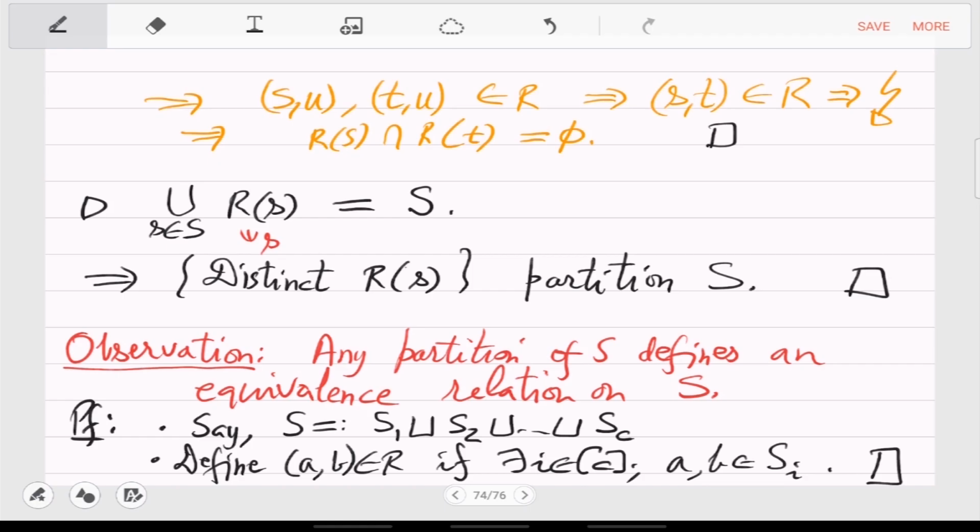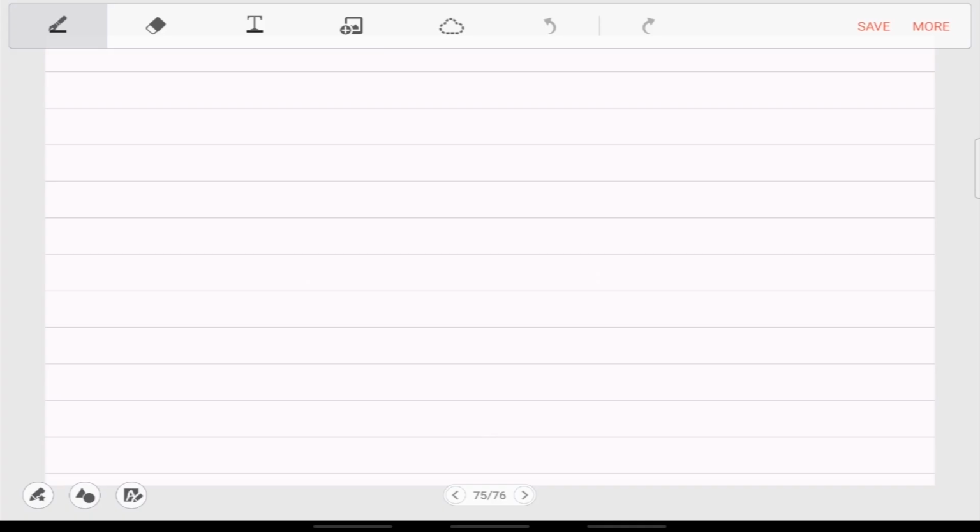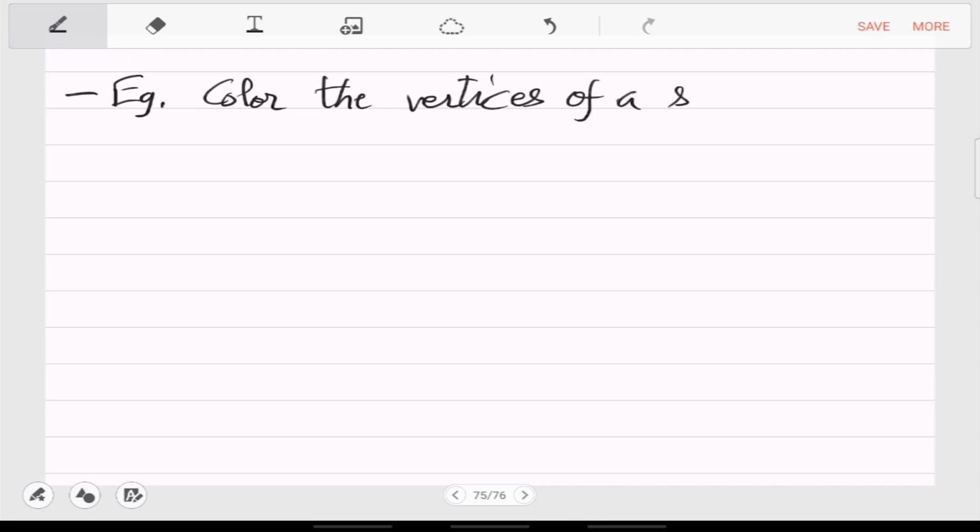Okay, so another example is, suppose we are looking at a square, and we color the vertices red or blue. There are 4 vertices, so there are 2⁴ choices.